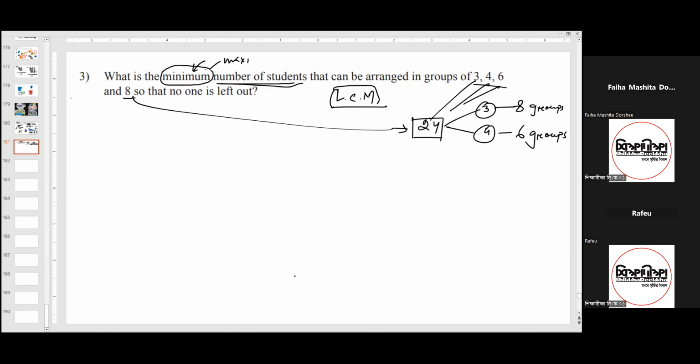In that case, we have to find a number which is a multiple of them. And we have to look in the question whether it is asking for the multiple, or if it is HCF, then it is a factor, right?